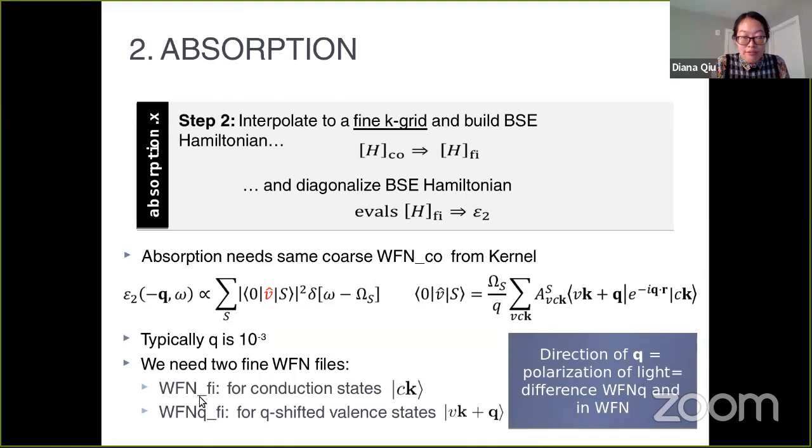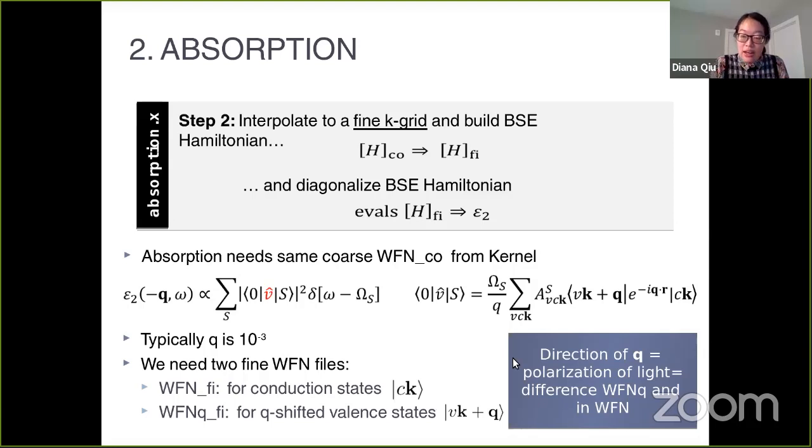So we have a wave function on a uniform fine K grid called WFN_fi, from which we're going to read the conduction states, Ck. And then we're going to have another wave function file called WFNq_fi to read the valence states at K plus Q. And this WFNq_fi is on a uniform K grid that's been shifted by a very small Q vector, which is close to 0.001.